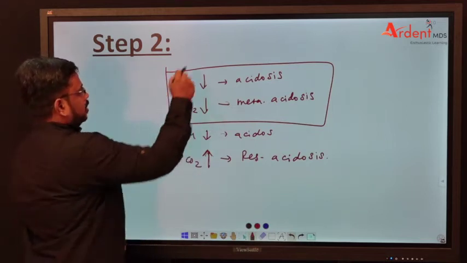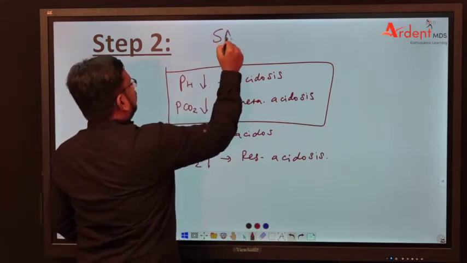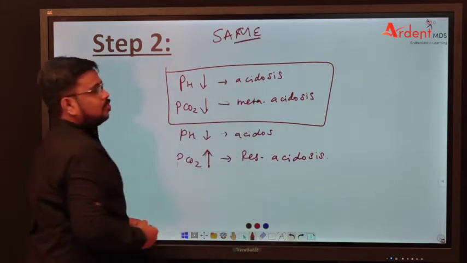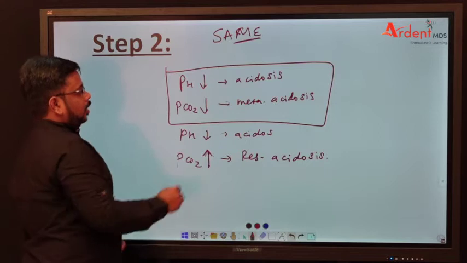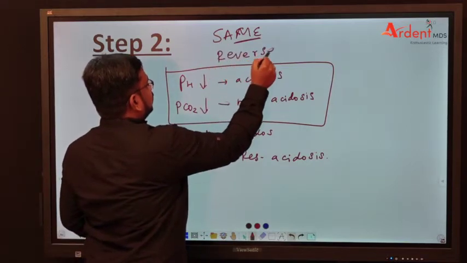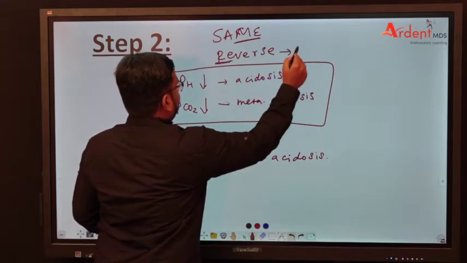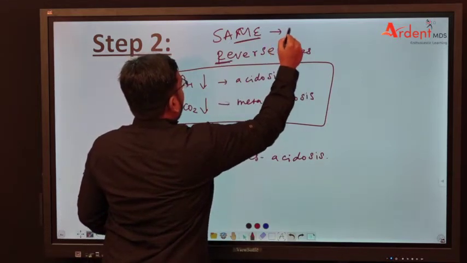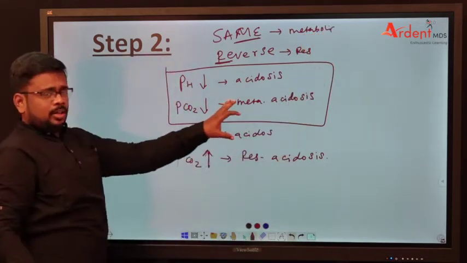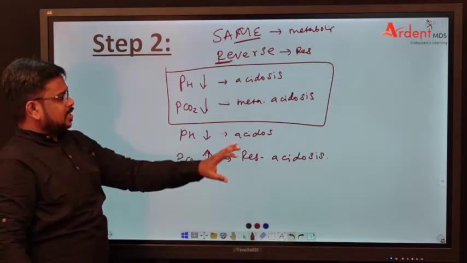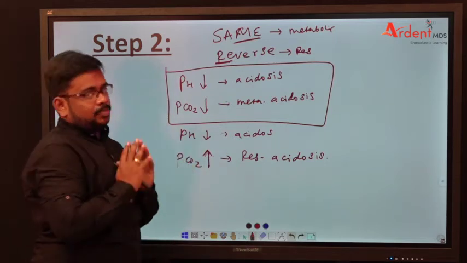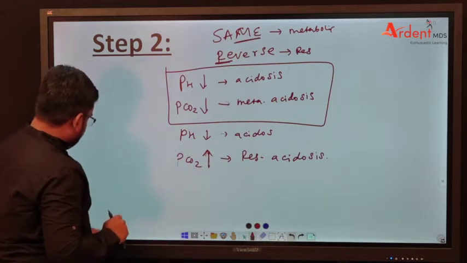Just remember this mnemonic: same, ME for metabolic; reverse, RE for respiratory. This is what you have to know in the second step. Very easy, right?